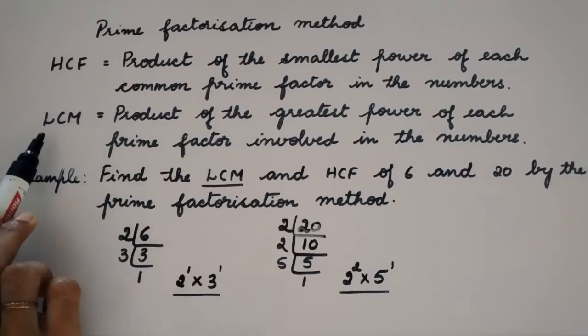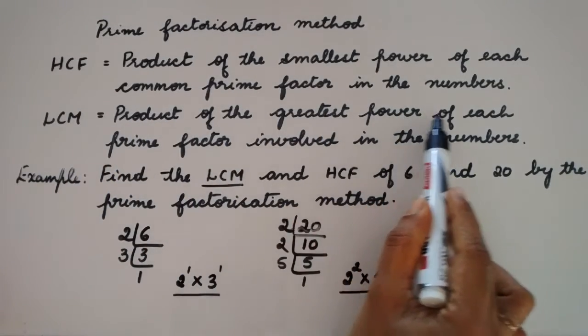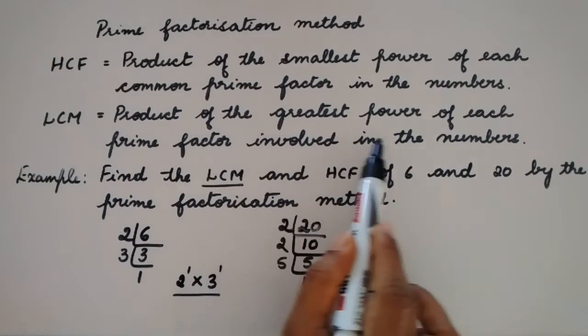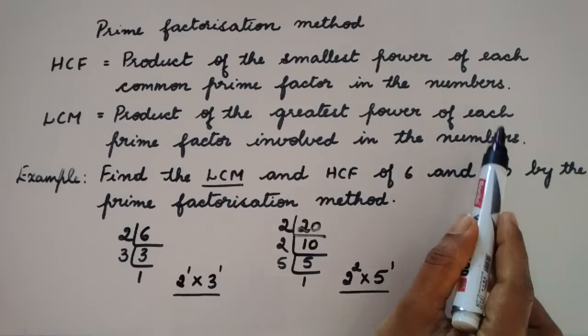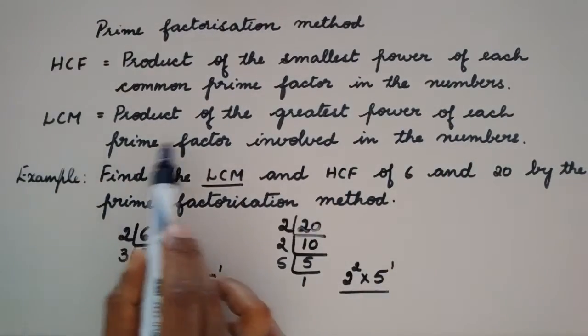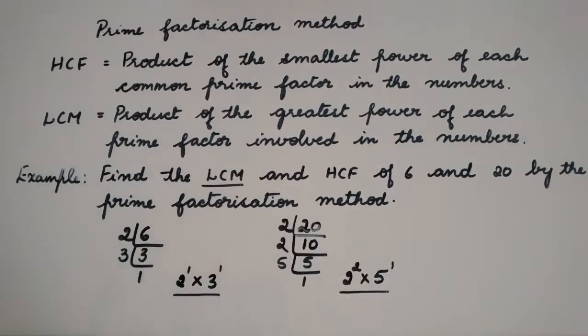What is LCM? It is the product of the greatest power of each prime factor involved in the numbers. First, let us note down each prime factor involved in the numbers.